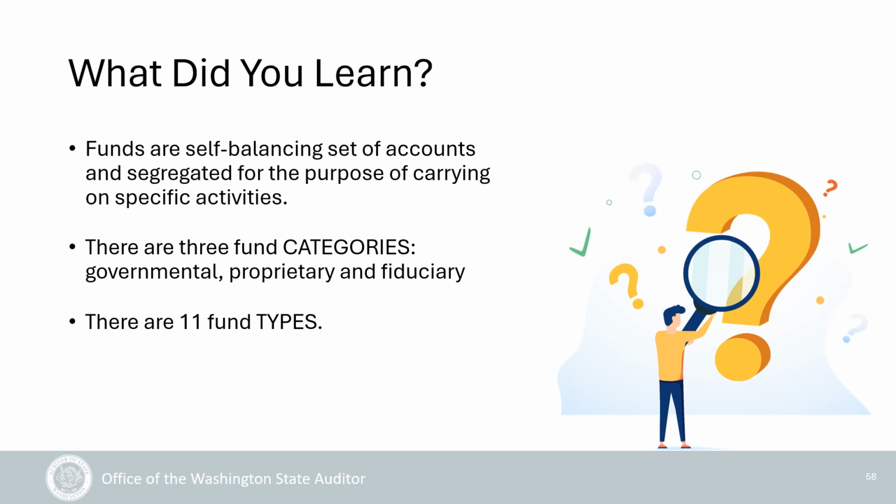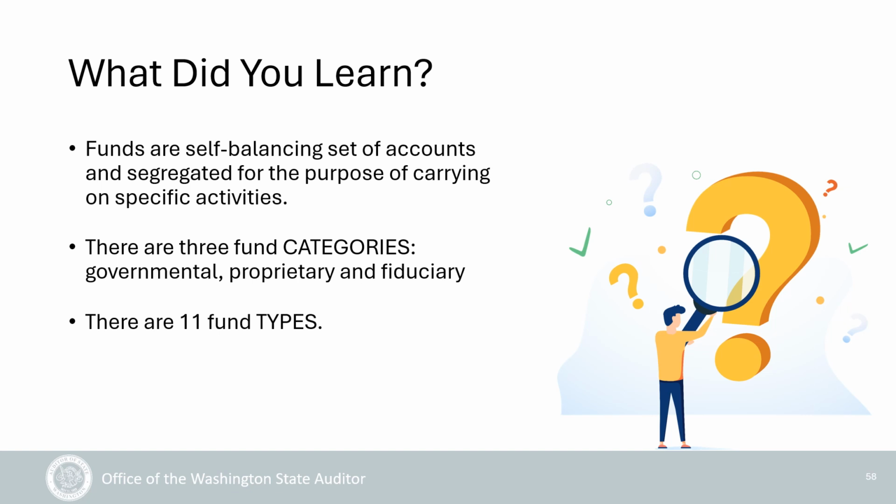As we wrap up our training on fund principles, let's take a minute to review what we have learned during our time together. First, we learned what funds are and why we use them. The important part to remember here is that funds are self-balancing sets of accounts and that they are segregated for the purpose of carrying on specific activities.